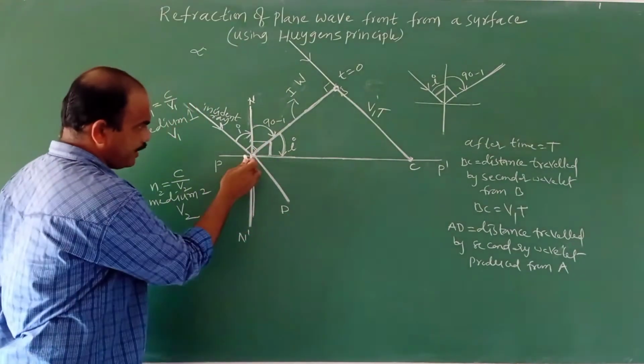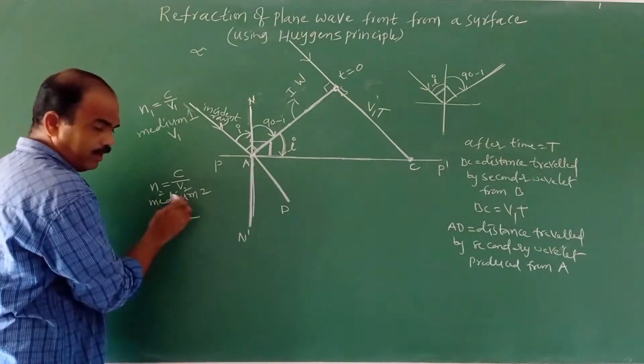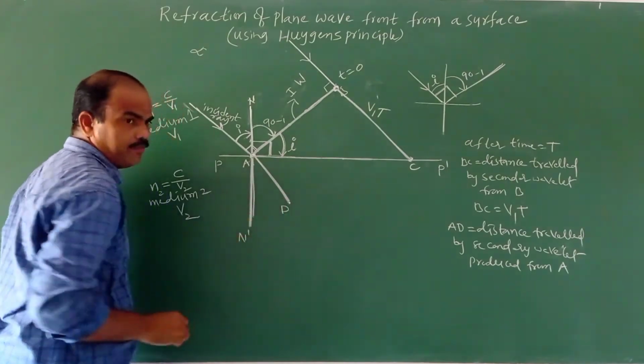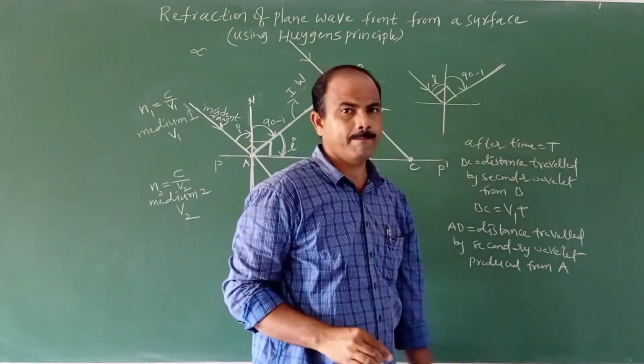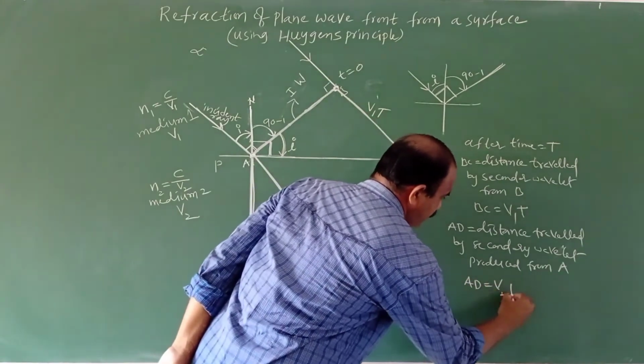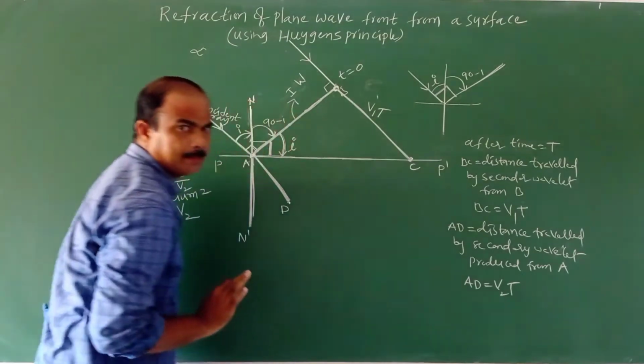This secondary wavelet is entering into the next medium, so it travels with velocity v2. And to reach this point it will take time t. So AD can be taken as v2 into t. So this is the distance, v2 into t.